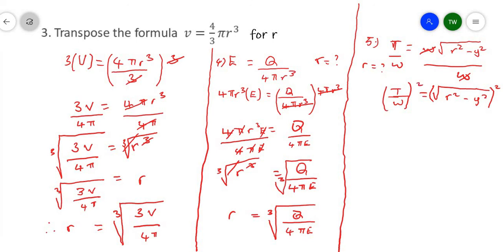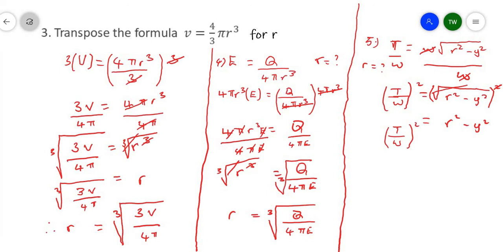By squaring both sides here, the square on the outside takes out the square root sign. So what we're left with on the right hand side is just R squared minus Y squared. And on the left, all we have is T over W all squared.